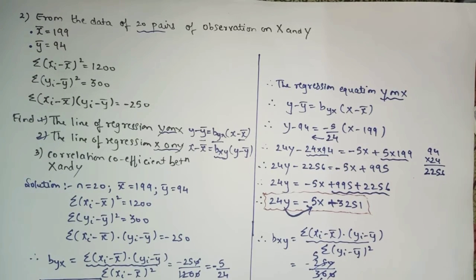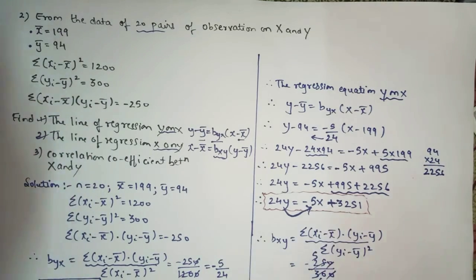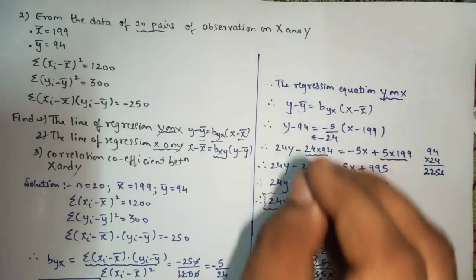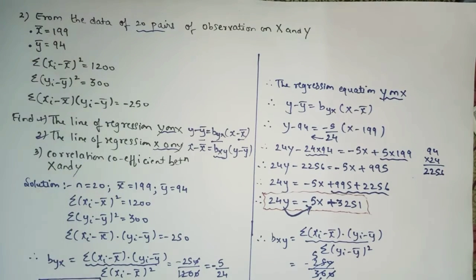Now remember this: the type number 2, that means the exercise number 2, is based on ready-made values. Simply you have to guess the formula, apply the formula, and substitute the values to get the required answer. Let's take one more example.